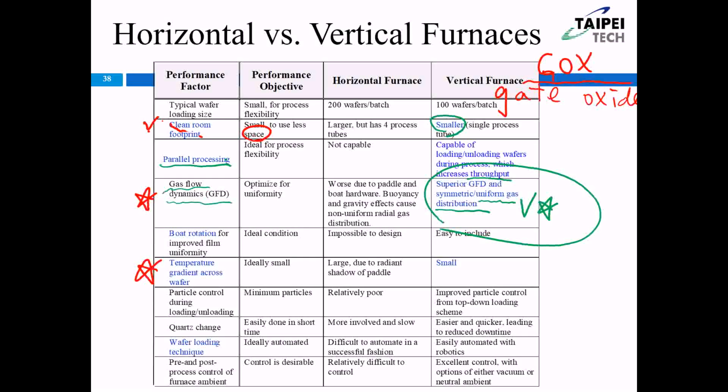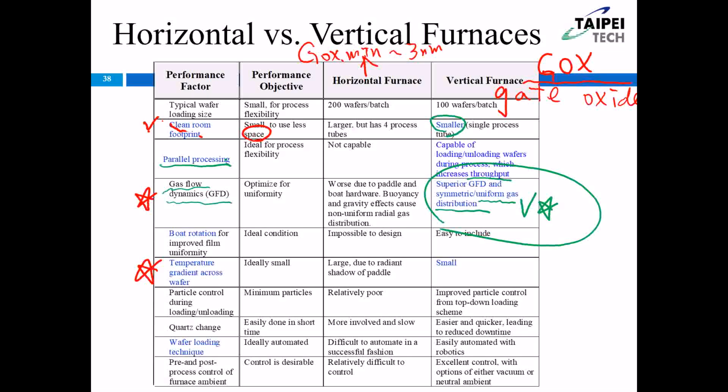So for the vertical furnace, the gas flow is uniform and the temperature is more uniform. So the vertical furnace is better. How can I know it's better? If I want to grow the gate oxide in the horizontal furnace, the minimum gate oxide is around 3 nanometers. I can only grow 3 nanometers of silicon dioxide.